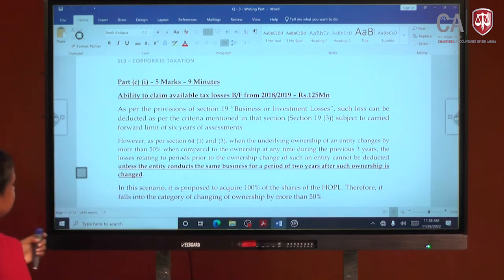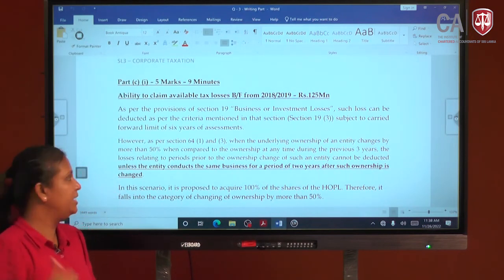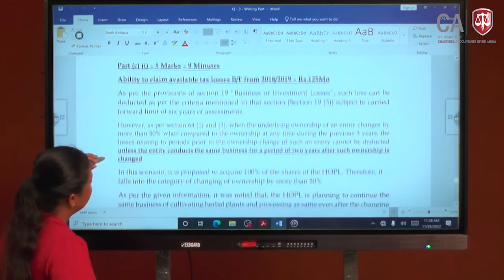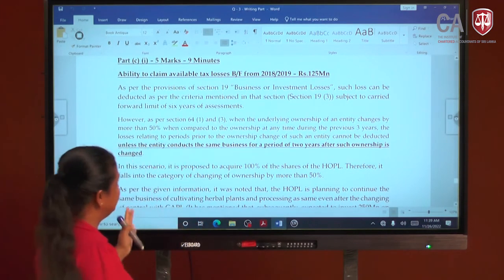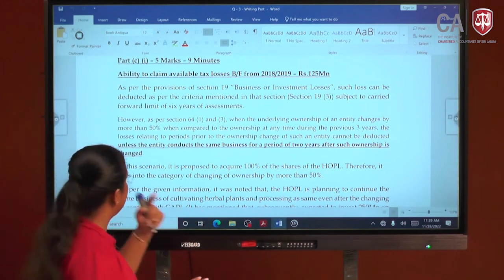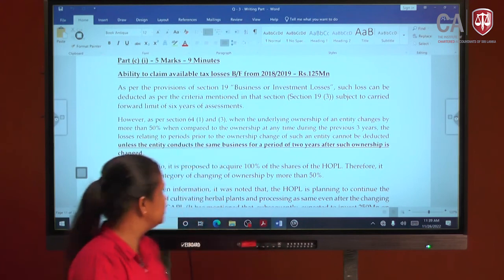Here, according to section 19, explain. Secondly, however, as per section 64, in here I have mentioned section 60, section 63, I'm really sorry, it should be section 64.